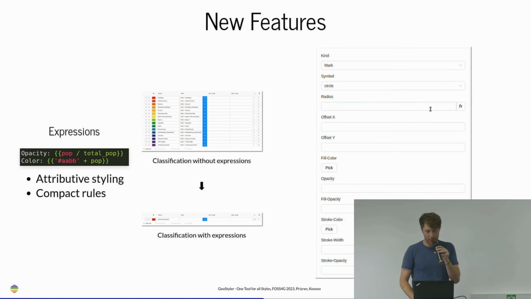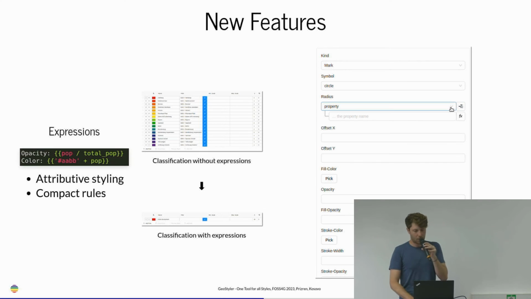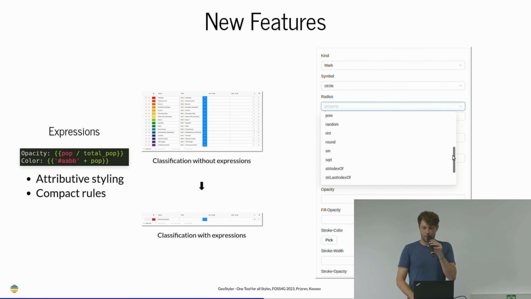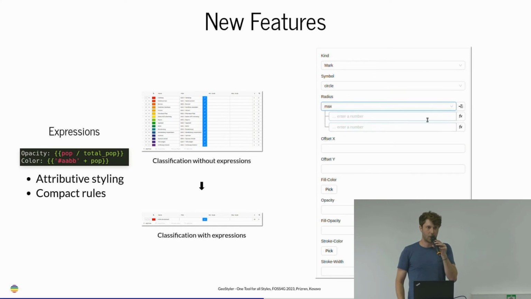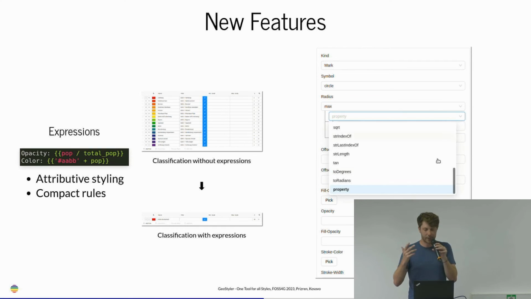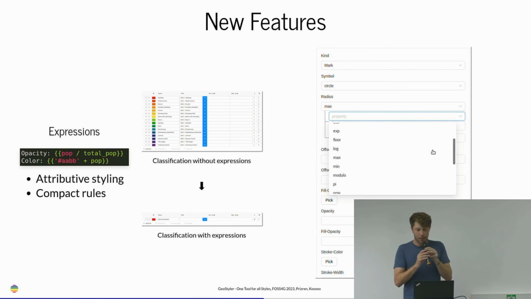Talking about expressions, we updated the UI, so we now are able to edit expressions in the UI. You don't need to have detailed knowledge of all of that. It's pretty straightforward.